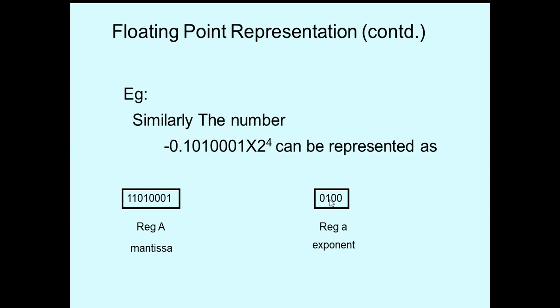100, and then 0 represents the sign bit, so it is a positive number. So take the 0 here.